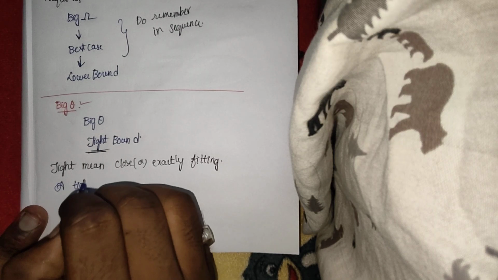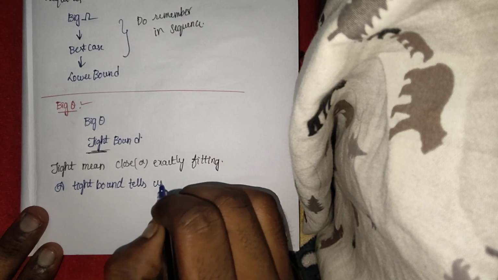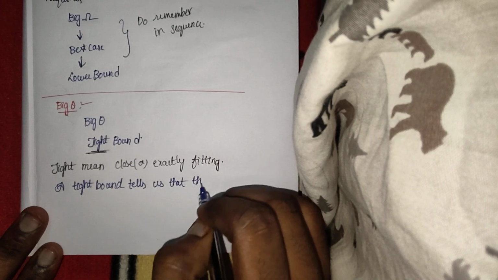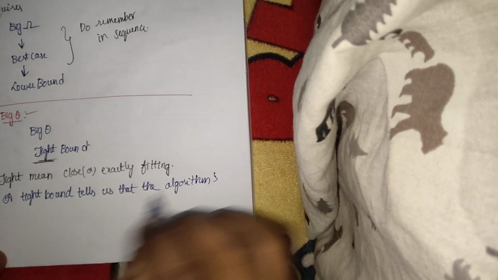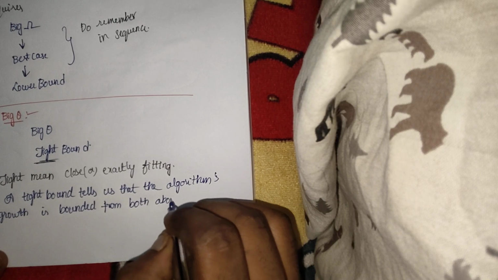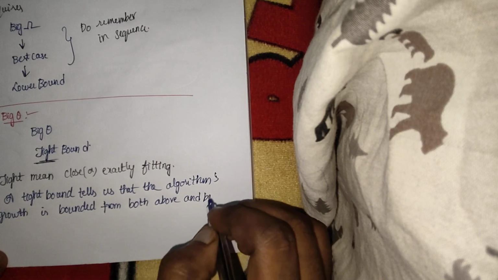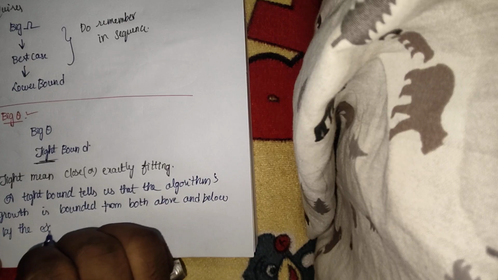A tight bound tells us that the algorithm's growth is bounded from both above and below by the same order.